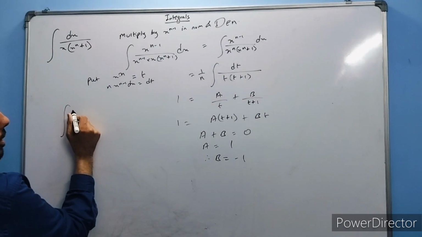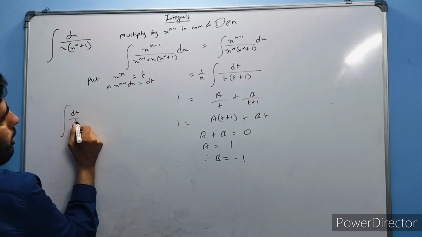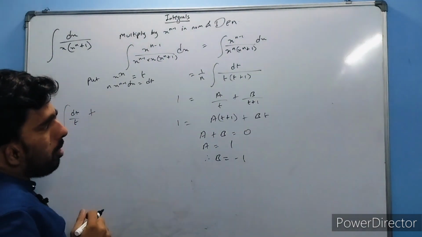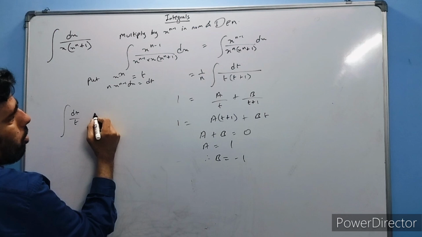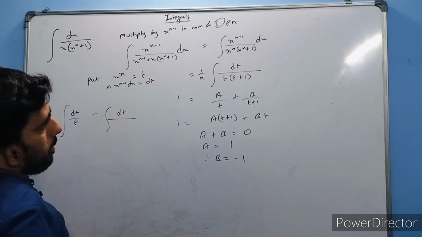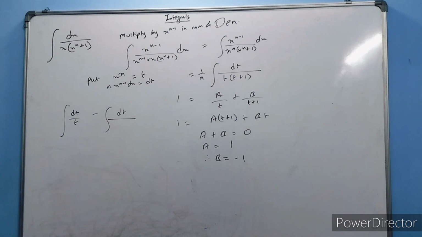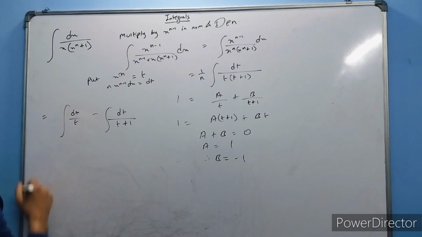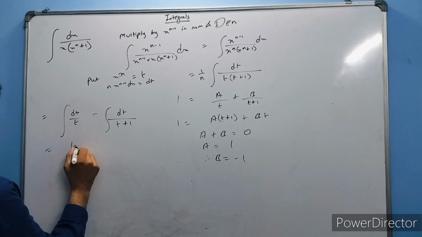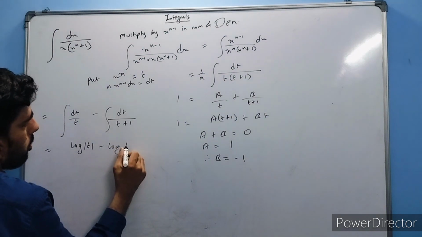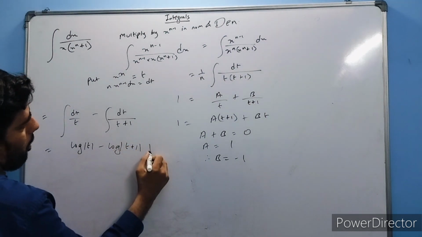So we'll put here dt upon t plus b upon t plus 1, so it will look like dt upon t minus dt upon t plus 1. Okay, so now I got it, that is log t minus log of t plus 1 plus c.